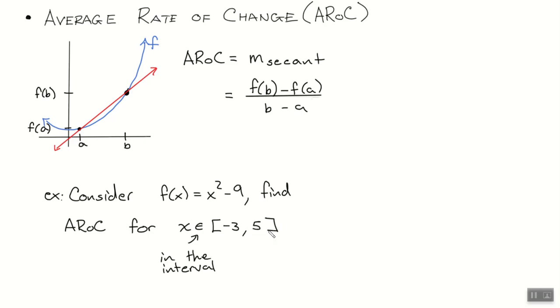Now, the language looks like it's different, and obviously I use slightly different language, but the concept's the same. I want to know the average rate of change between which two x values? From -3 to 5, that whole interval. Could you find me the slope using this formula, but applying this function and these x values? Do so. Find me the average rate of change here. You may see this worded differently, I'm just trying to introduce it.